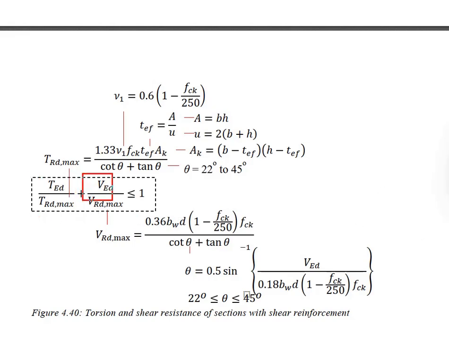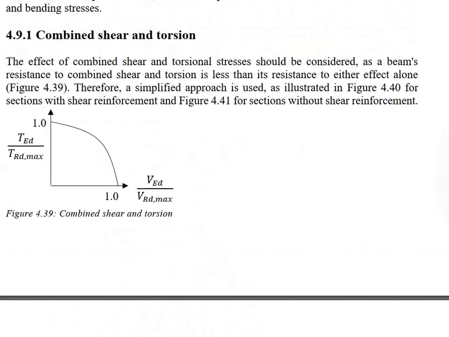This will leave you 30% of the room for the shear resistance. The summation here cannot be more than 1.0. By adjusting the quantum here and the summation not more than 1.0, this gives you a conservative measure to control the situation that you under-design this section when they are combined effect, the shear and torsion.